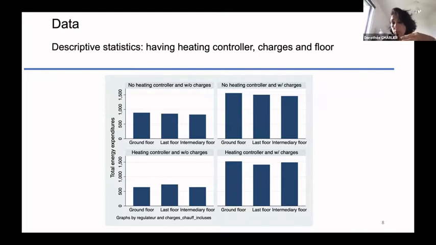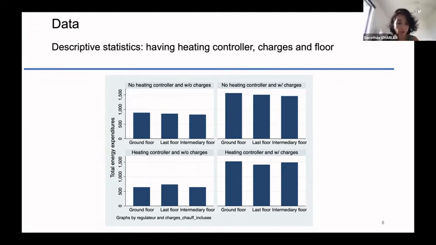It's quite obvious from this figure that people living in collective buildings where charges are included in the utility contracts spend more for energy than people where charges are not included.